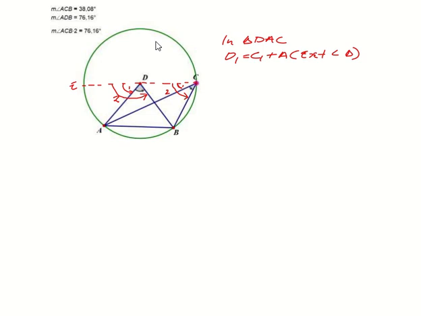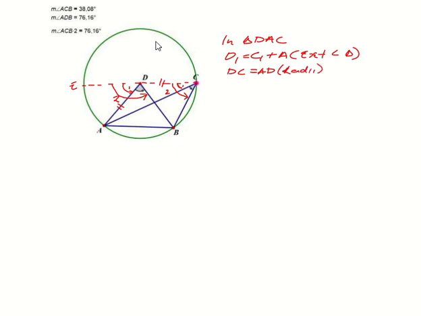So now another thing is that DC is equal to AD, and it's because they are radii.